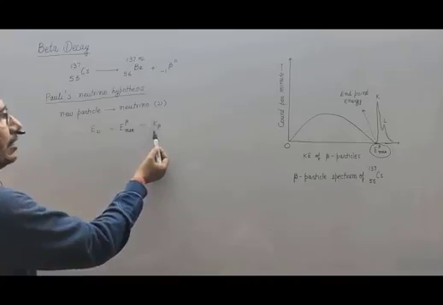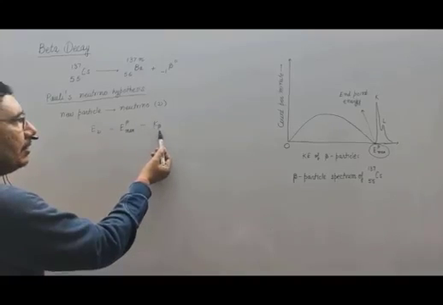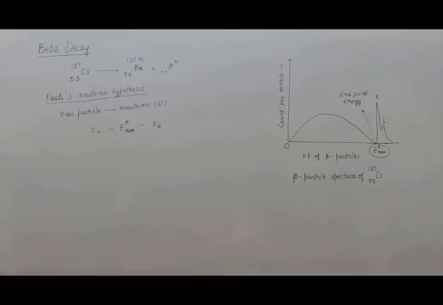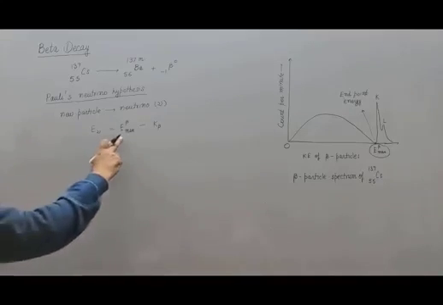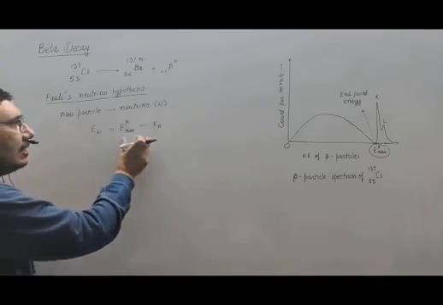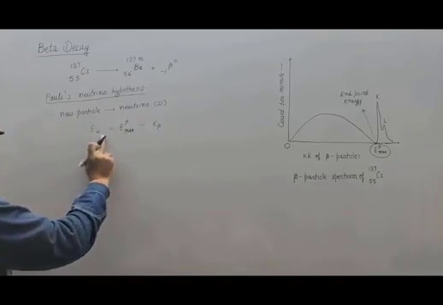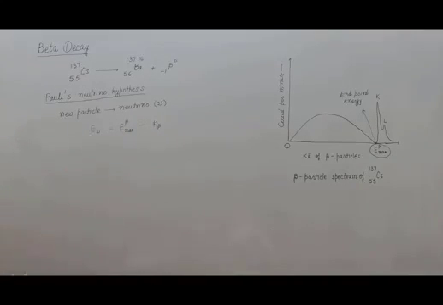Suppose one beta particle is carrying energy K beta, but the maximum kinetic energy that can be carried by a beta particle is this one. So where is the rest of the energy? It is carried by this particle, the neutrino. In this way, the conservation of energy principle is followed.